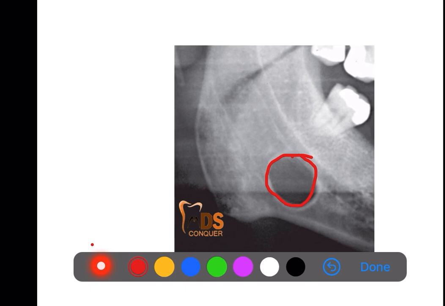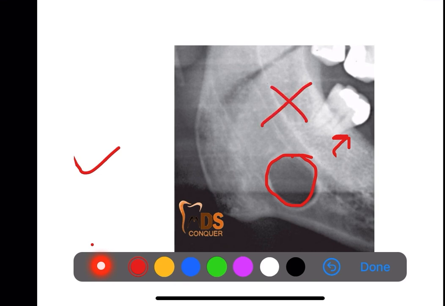Since it is below the inferior alveolar canal, it is not of odontogenic origin. As we have come across the Stafne cyst and all that, right? If it is abnormally increased in size, then it goes for an abnormality, or else it's nothing but a developmental salivary gland defect, which occurs below the inferior alveolar canal.